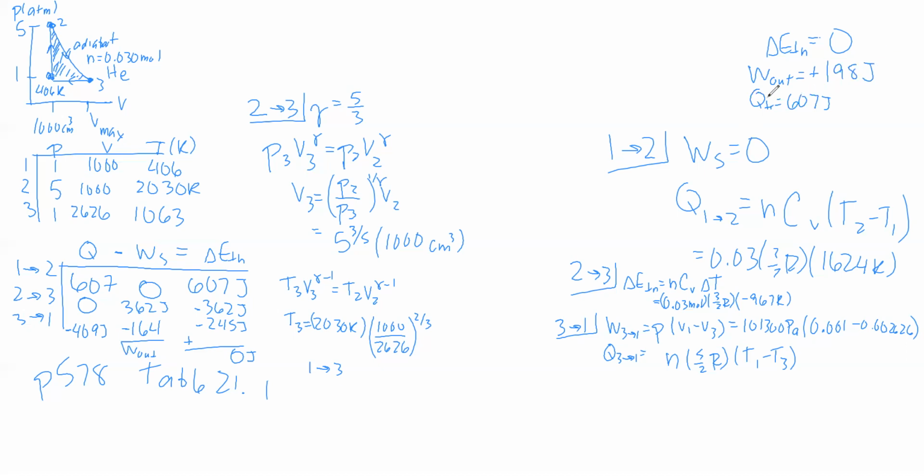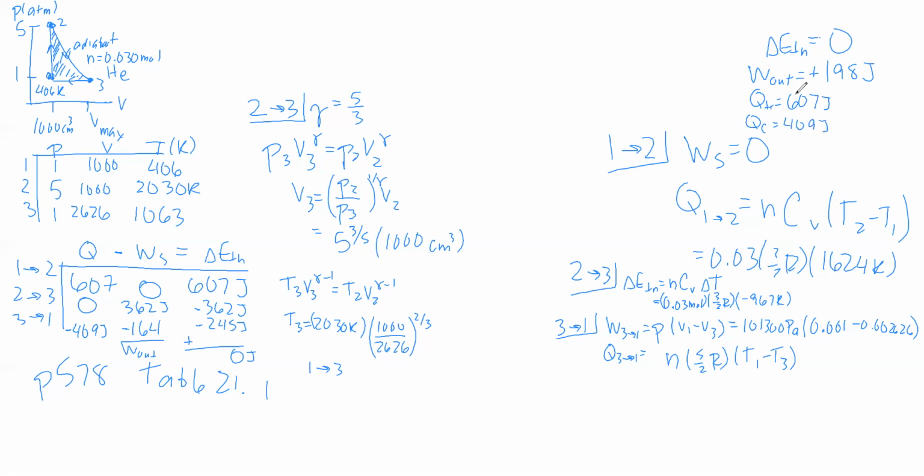Of the 607 joules, we got a useful 198 joules of work. To that end, we also had to exhaust out an amount Q sub C. And that's the magnitude, the absolute value of all the negative stuff put together, which for our purposes is 409.